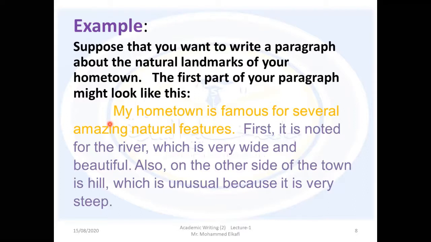That means it includes no details. And the second point, it should even help the reader to guess what will be included in the next part of the paragraph. So try to summarize your idea about the thing that you are going to write about, okay, in the first sentence.